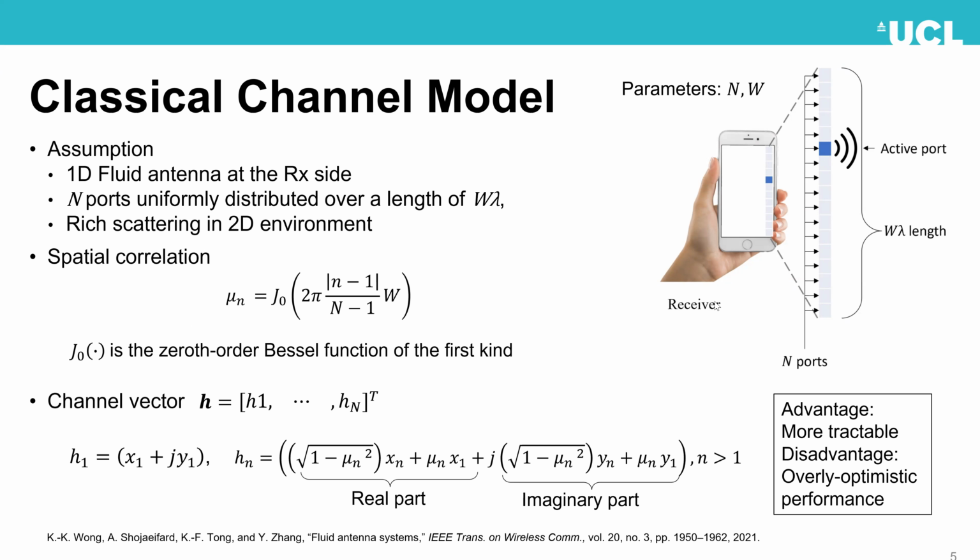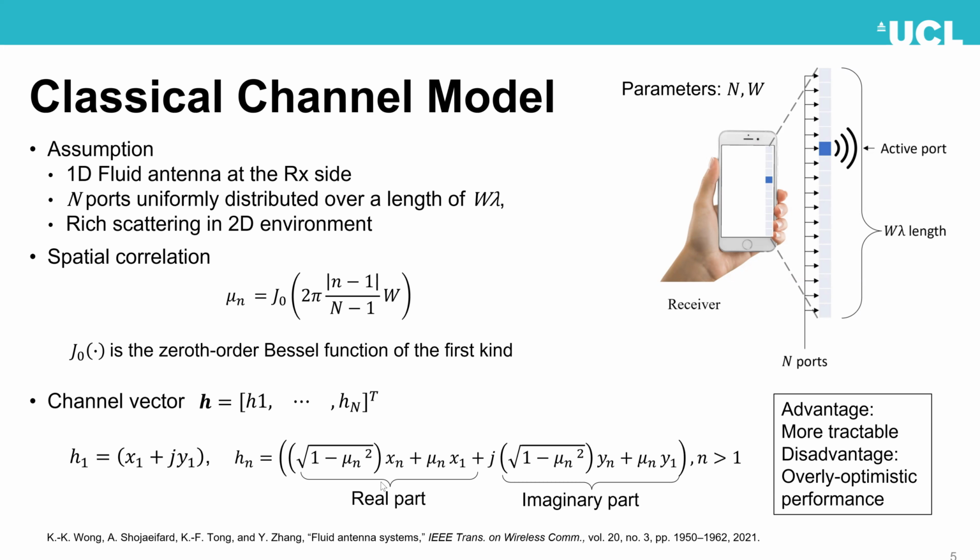The channel between the receiver and a single traditional antenna transmitter can be modeled using a channel vector H, where the first entry can be modeled using a complex Gaussian random variable with zero mean and unit variance. And this means that x1 and y1 here are real Gaussian random variables with zero mean and variance of 1/2.